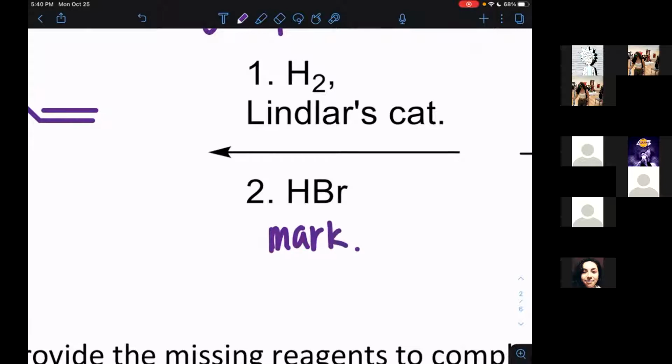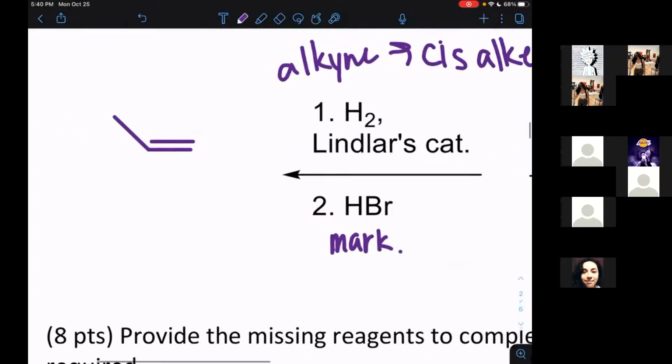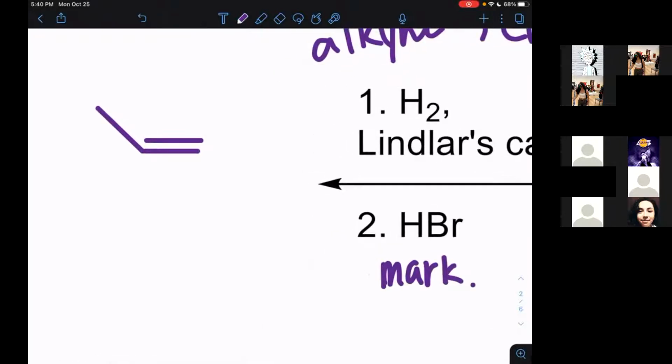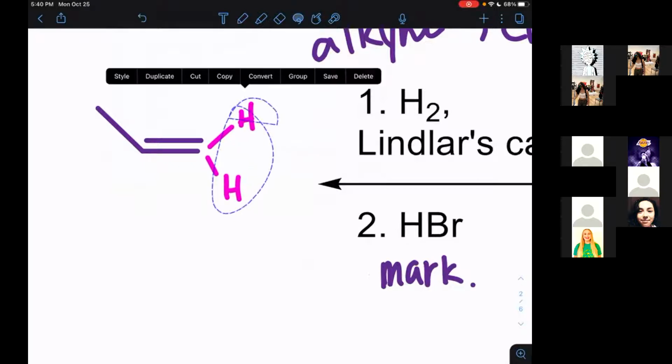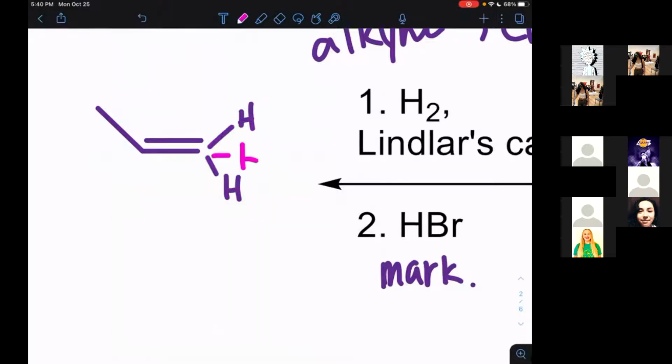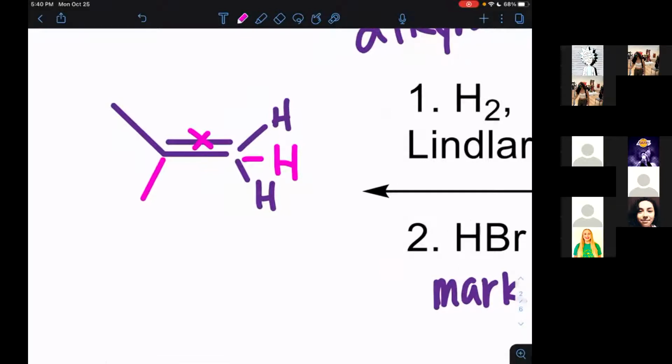Markovnikov. So the side with more hydrogens gets the hydrogen. This one will get an extra hydrogen. Here, wait, let me just change this. Okay. So we're adding this hydrogen, and then we're also taking out that one. And then we'll add the Br over here.